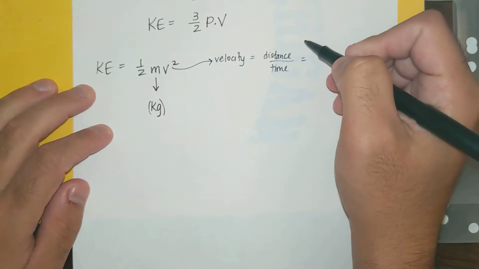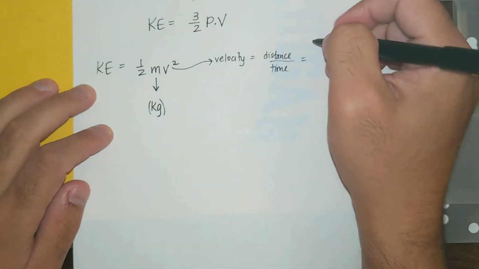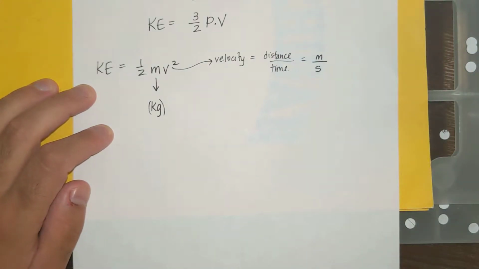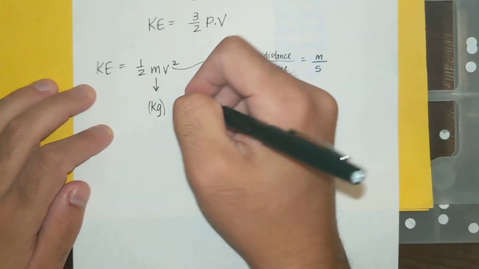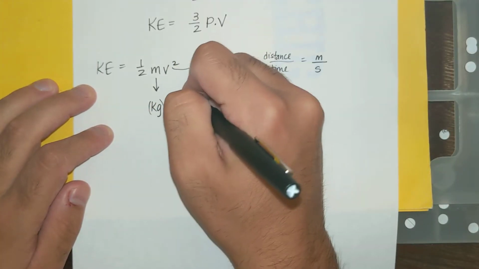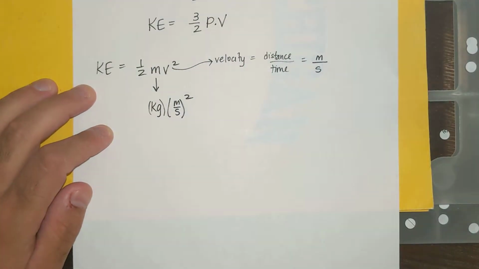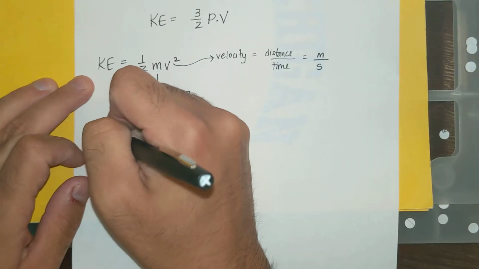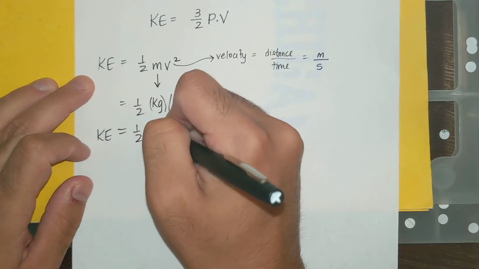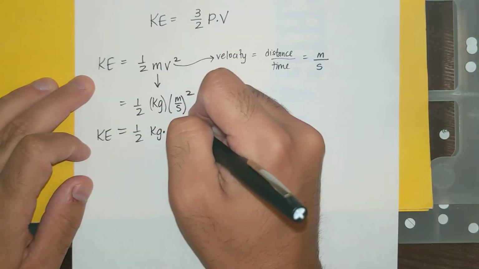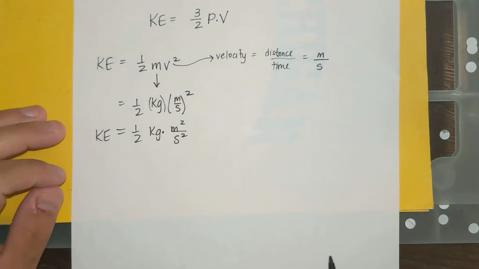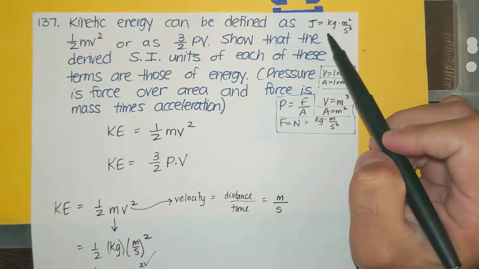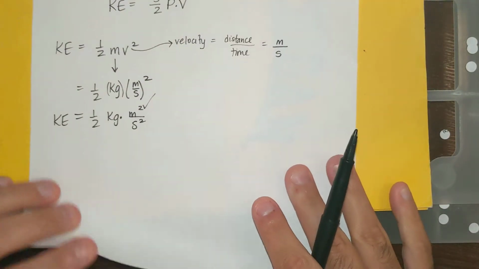The SI unit for distance is the meter, and the unit for time is the second. So velocity is a meter per second, and that whole thing is being squared. If I do all of this, I get KE equal to 1/2 kilogram times meters squared per second squared. So far, so good. This looks like our joule, which is a kilogram times meters squared per second squared.